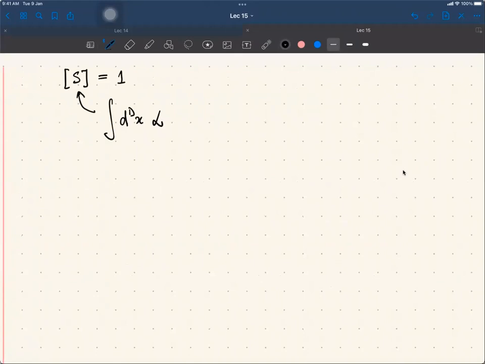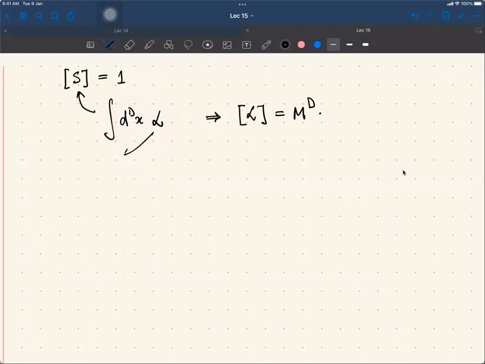Since this entire thing should have dimension 1, and d^d x has length dimension d, the Lagrangian density must have length dimension minus d. Length dimension minus d means mass dimension d. So this Lagrangian has m to the power d.